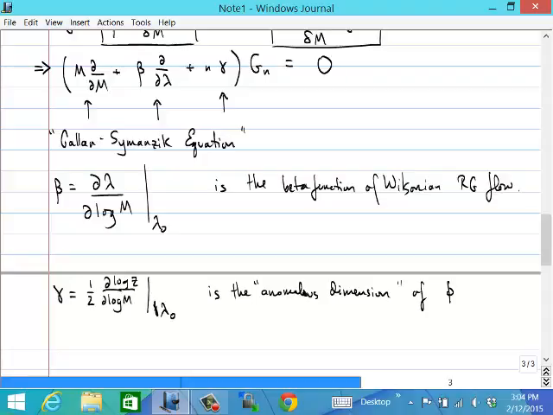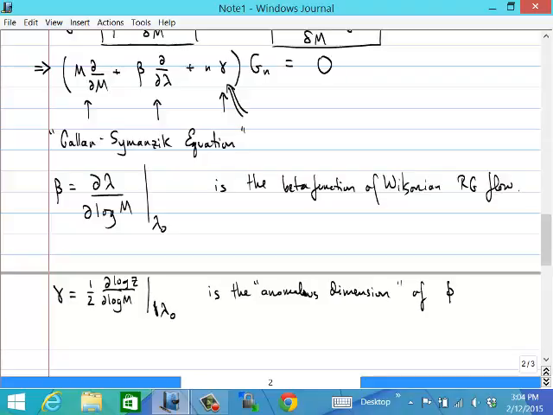In order to understand why this is called the anomalous dimension, it's useful to stare at this final term in the Callan-Symanzik equation. If you just imagine that the beta function is equal to 0 for a second and look at that final term, remember that there are n insertions of the field phi in G_n.